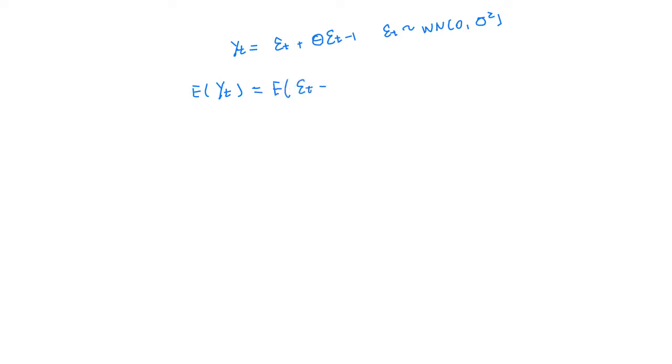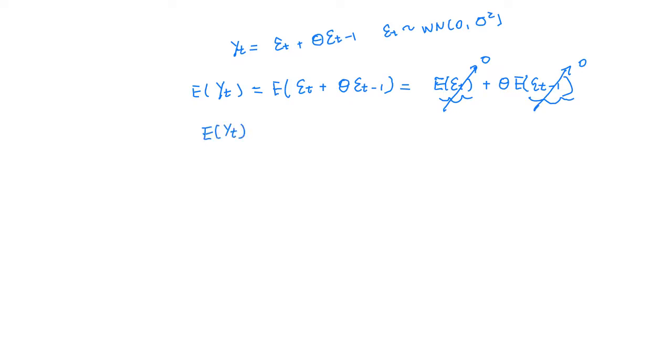Put the expectation operator on the right-hand side and left-hand side simultaneously, and then use the law of distribution. Following the information I know, this is equal to 0, this is equal to 0. So E of yt equals 0. And theta is a parameter, it does not depend on t. So E of yt is time independent.